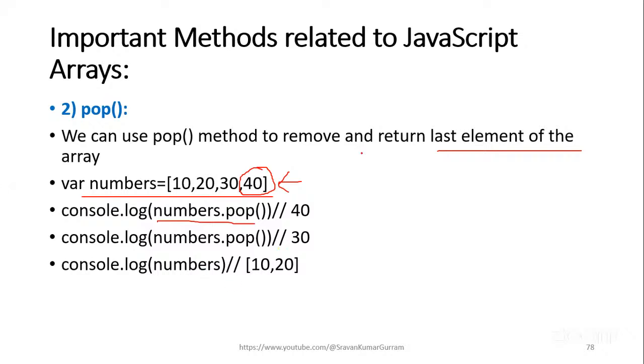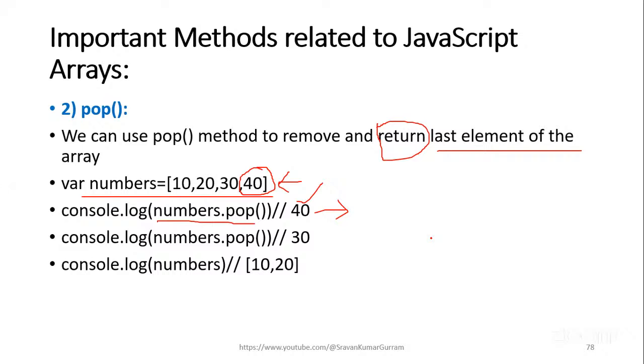And one more important point is this method returns the last element which was deleted. For example, if you write a print statement, console.log or document.write numbers.pop, what is the element being popped? That element is returned by numbers.pop. So the output of this statement is 40 because 40 was popped.